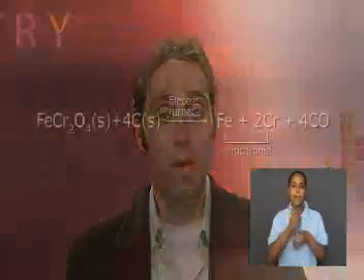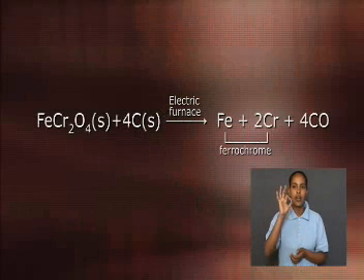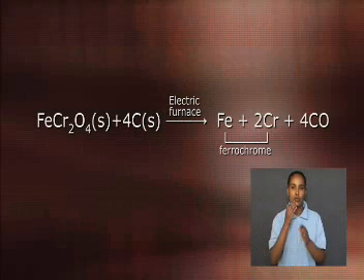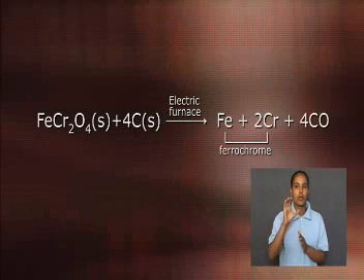Chromium is produced into two different forms: ferrochrome, which is mainly an alloy of chromium and iron, and pure chromium metal. Ferrochrome is produced by reducing chromite with carbon. Manufacturing pure chrome has 4 basic steps.